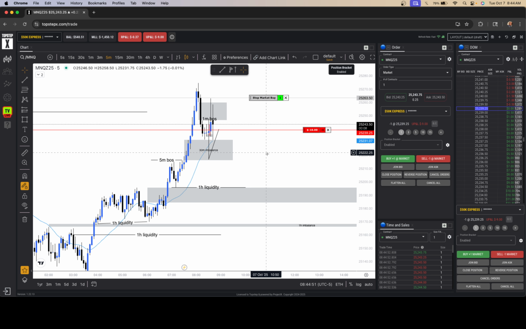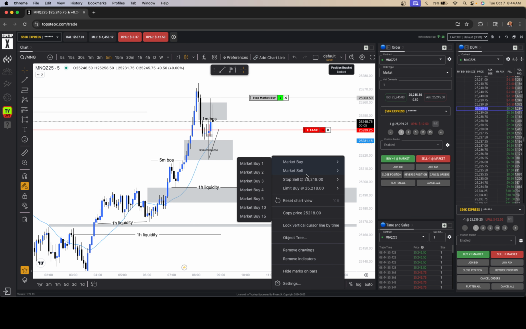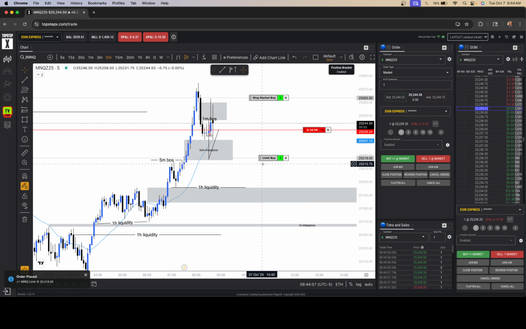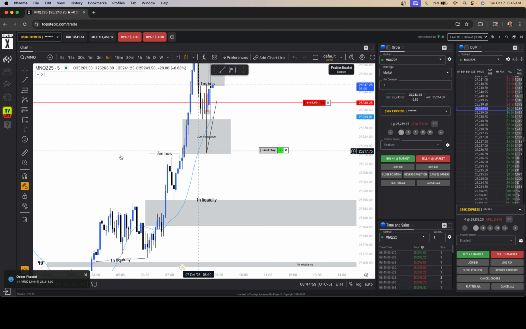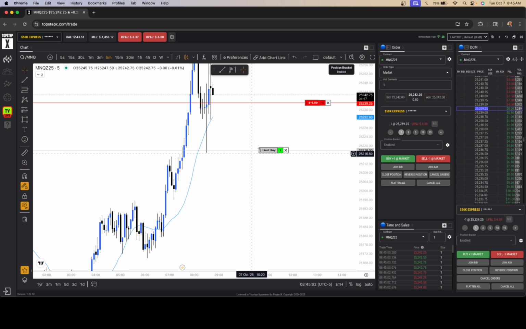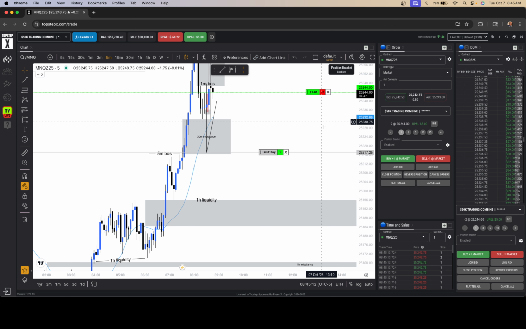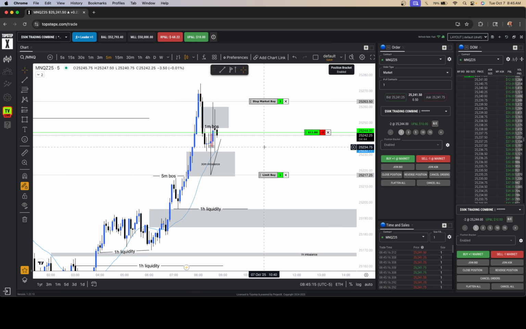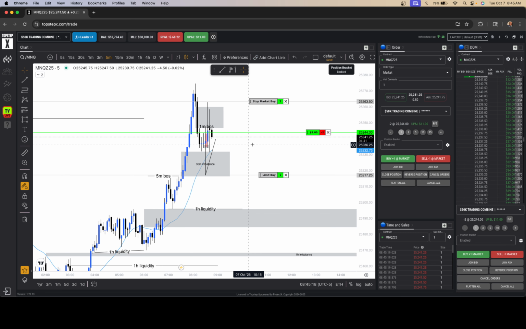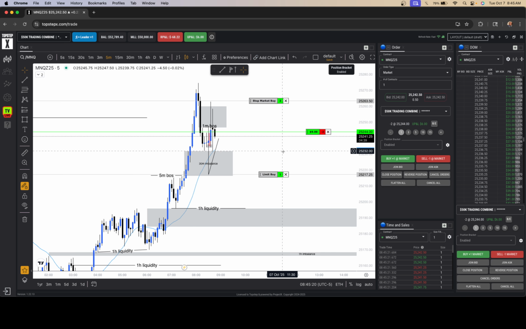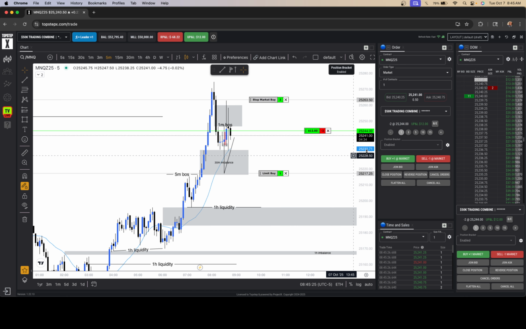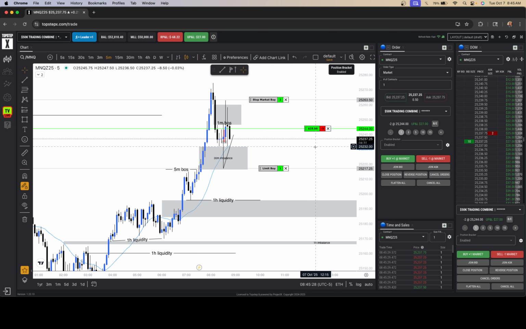Just trying to manage the positions. We'll see if this trade, obviously, if it does win, can recover the quick loss we took already.